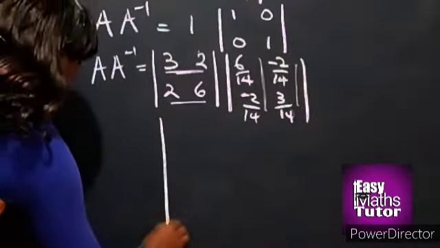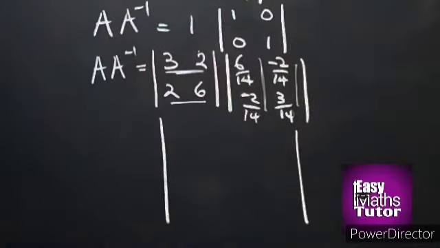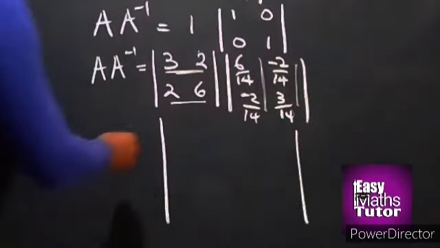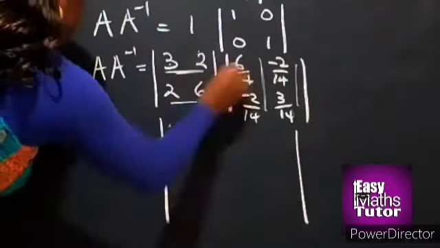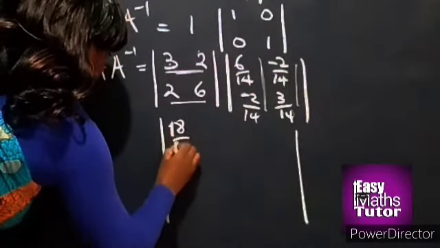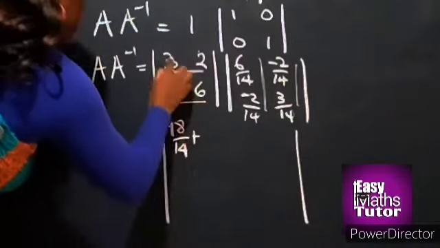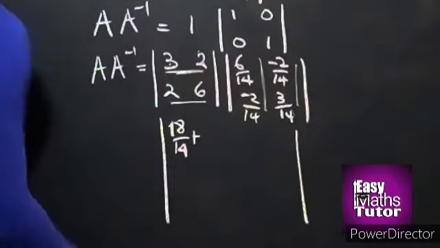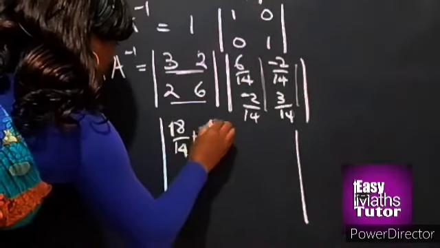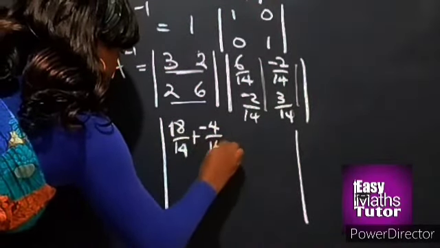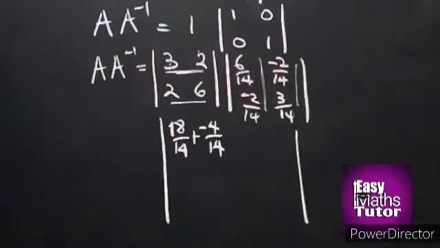It will give us a final matrix. The first element will be 3 times 6, which is 18 over 14, plus 2 times minus 2, which is minus 4 over 14, right?